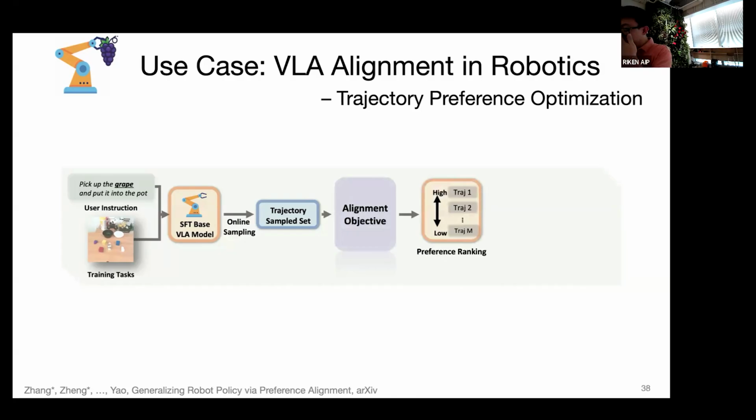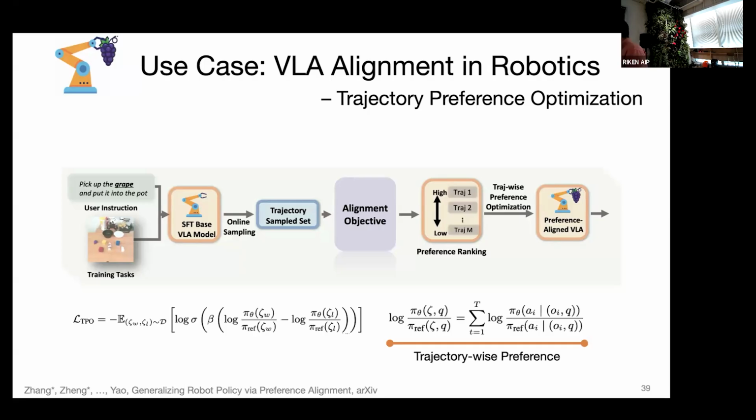And based on these trajectories, we will have some alignment objective, and this alignment objective can be customized depending on the user's preference. Then we can get the preference ranking to fine-tune the vision language action models, and we hope to do trajectory-wise preference optimization.